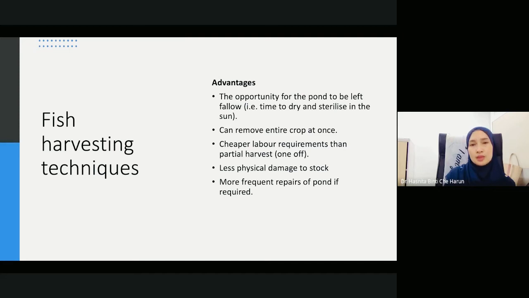It is cheaper labor compared to the partial harvesting technique, because just one off you settle everything from the pond. It has less physical damage to the fish stock.